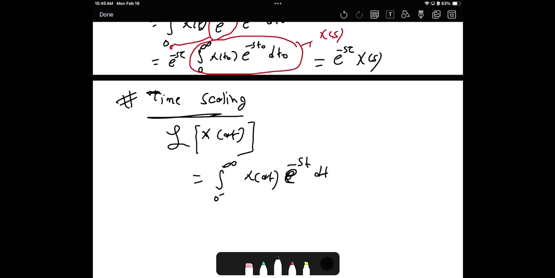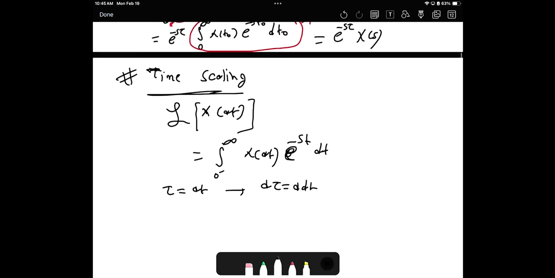Basically, I'm going to assume tau equal a t, therefore d tau equals a dt. So in other words, t equal tau over a, therefore dt equal d tau over a.